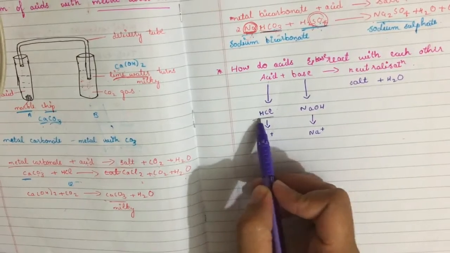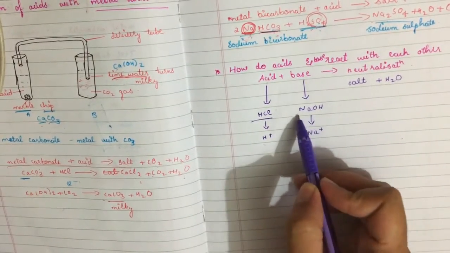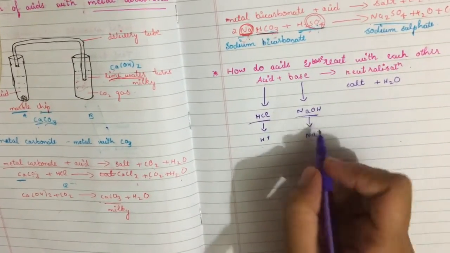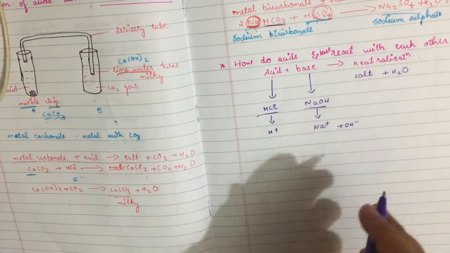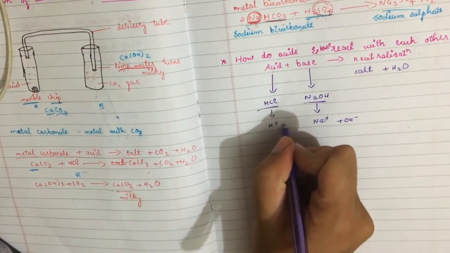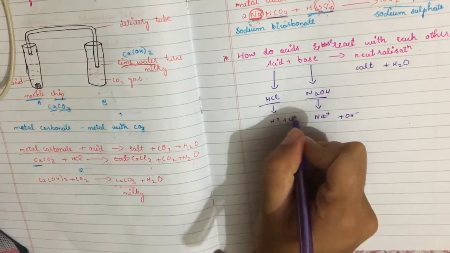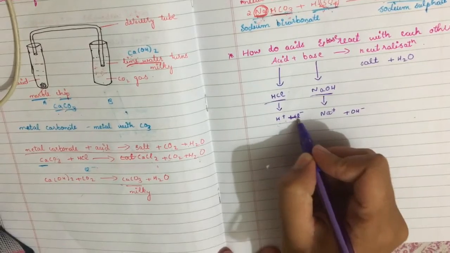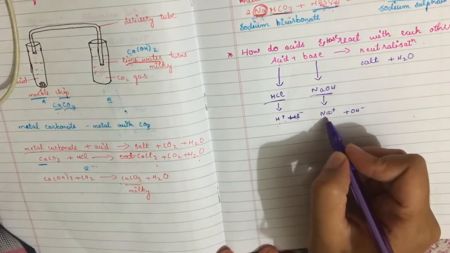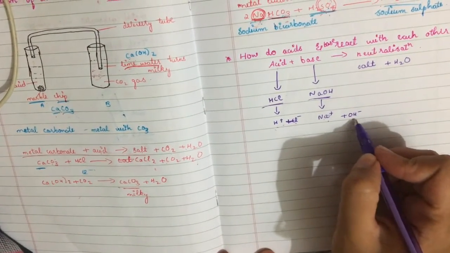That is, from this acid we can get H plus and Cl minus ions, and from this base we get Na plus and OH minus ions.